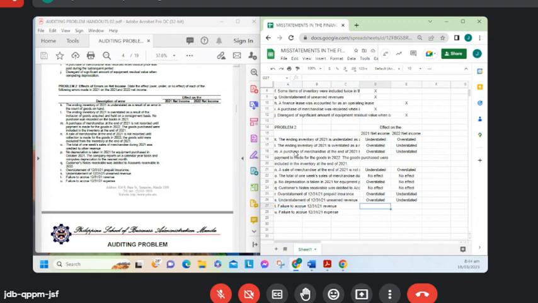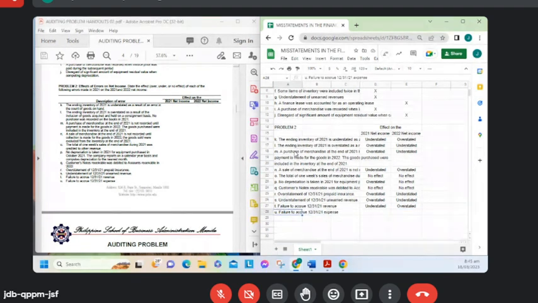It means there is an understatement of revenue, revenue is kulang, then it's also an understated net income. Come 2022, it is expected that revenue will be overstated as a result of this. The misstatement noted will result in overstated revenue and overstated net income.